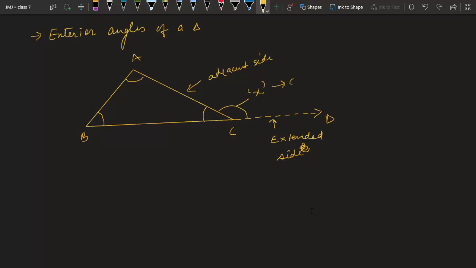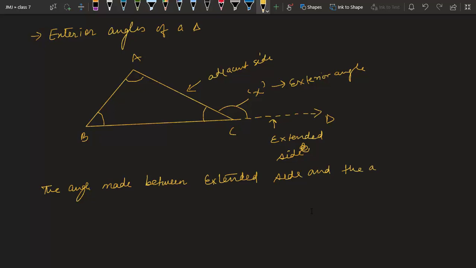This x is the exterior angle. Okay, so if you want to write the definition, you can write like this: the angle made between extended side and the adjacent side of a triangle is known as exterior angle.